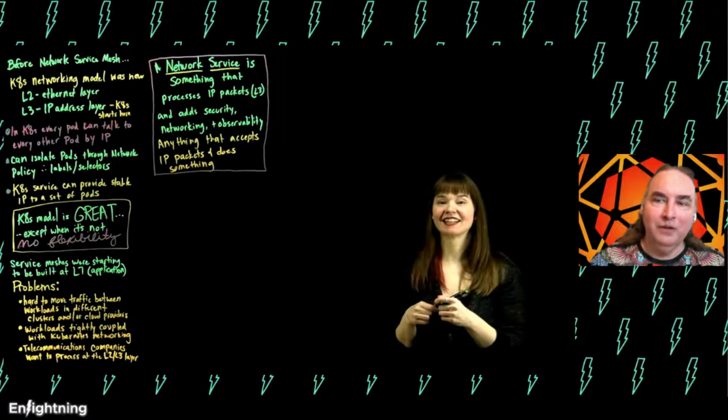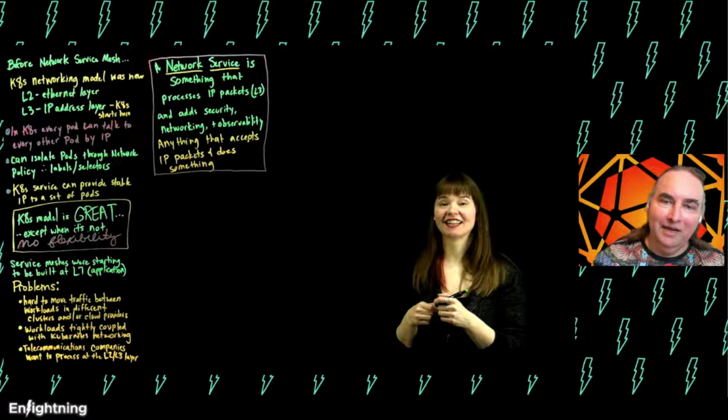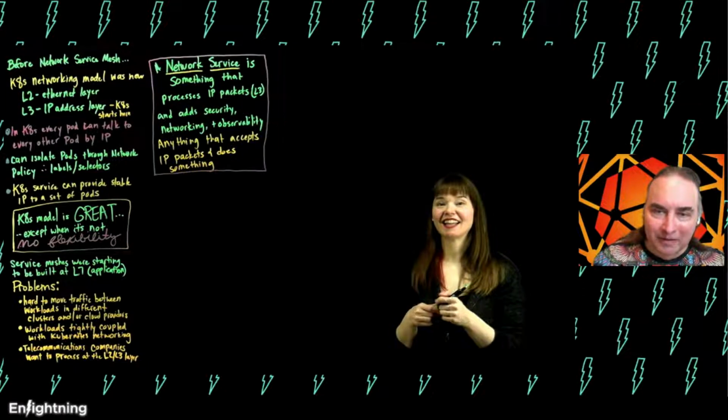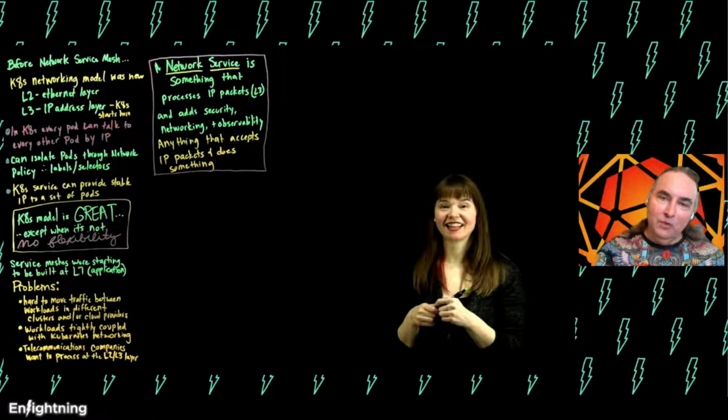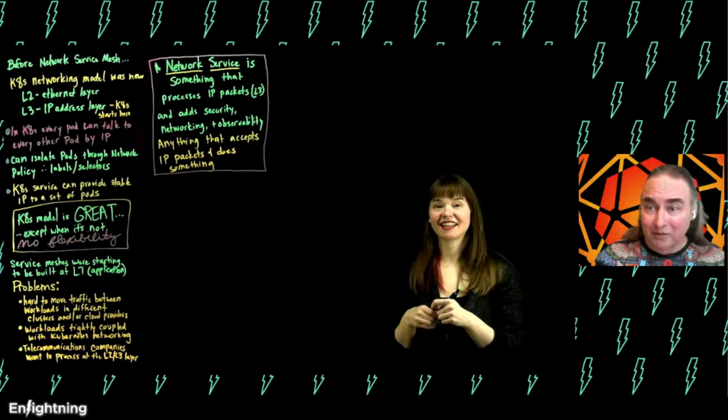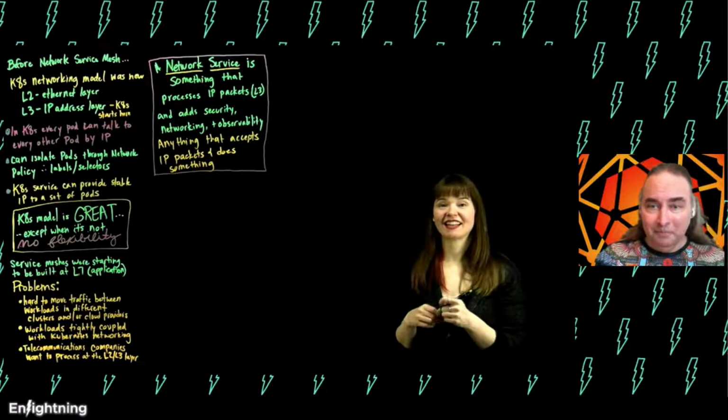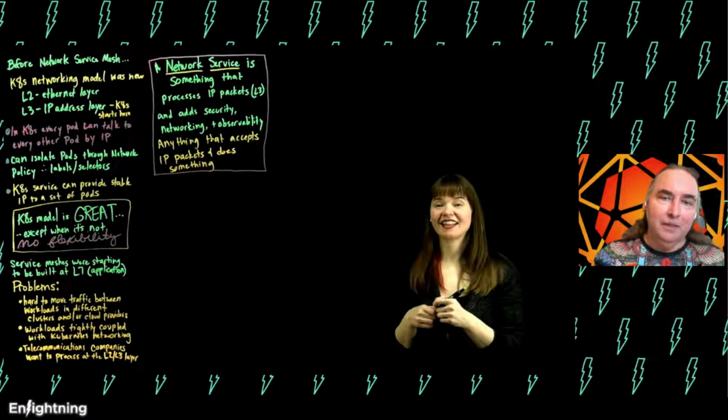Network service mesh will find a network service endpoint that provides the network service they want, and we will facilitate stringing what we call a virtual wire, or vWire, between your workload and whatever is providing that network service, wherever it may be.